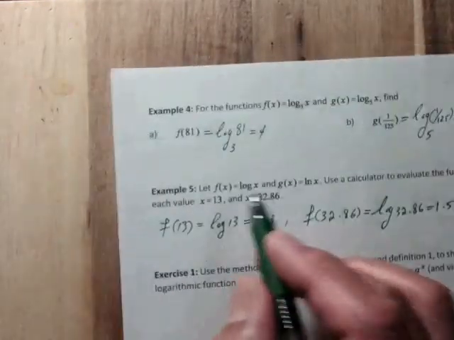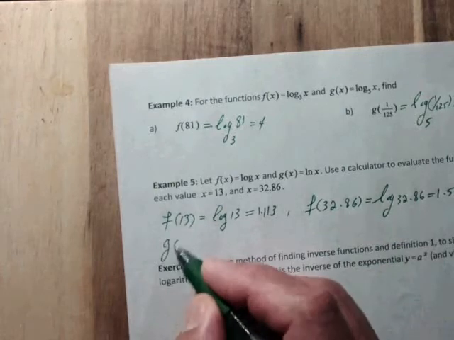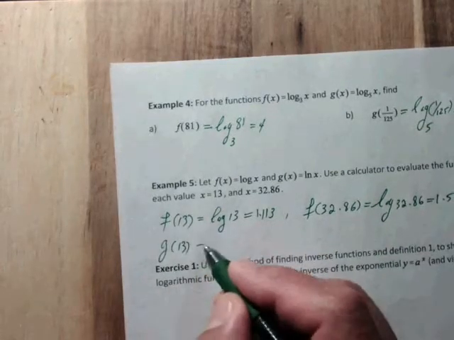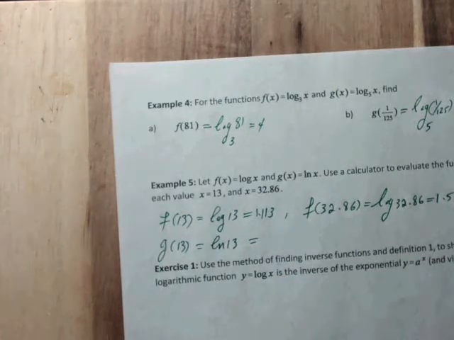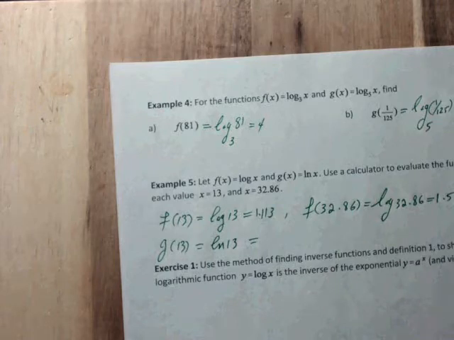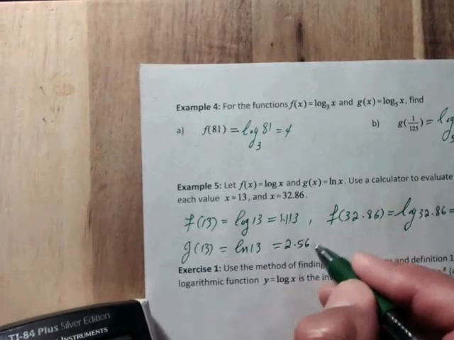And you can do ln of the same thing. You see, g of 13 is ln of 13. If I do this, ln of 13 is 2.565.